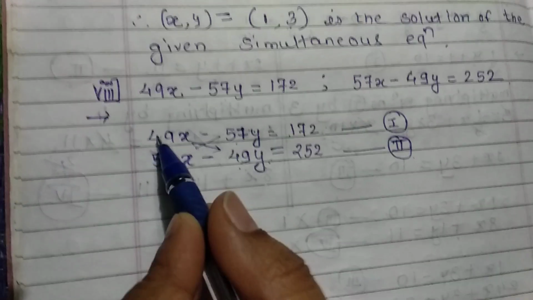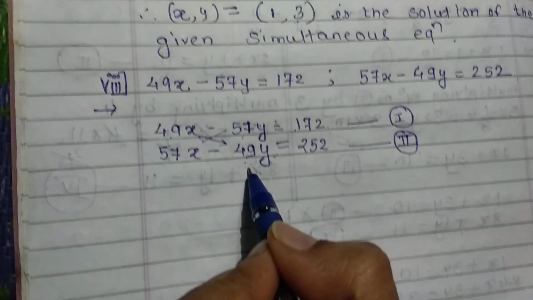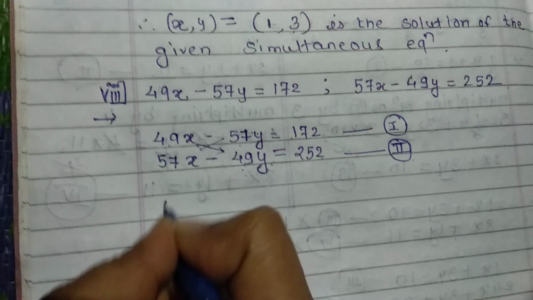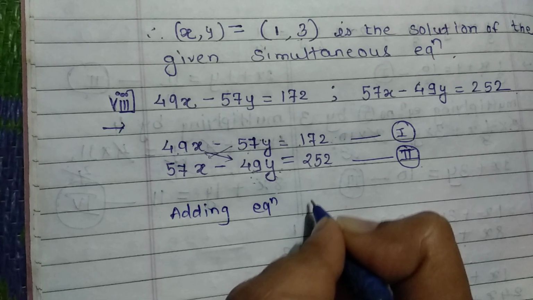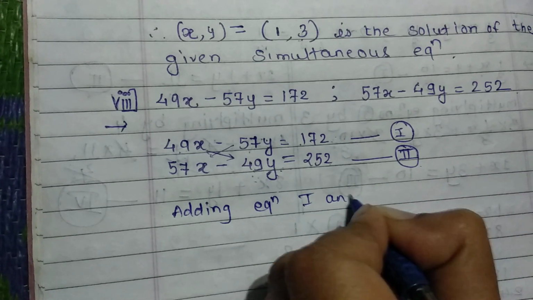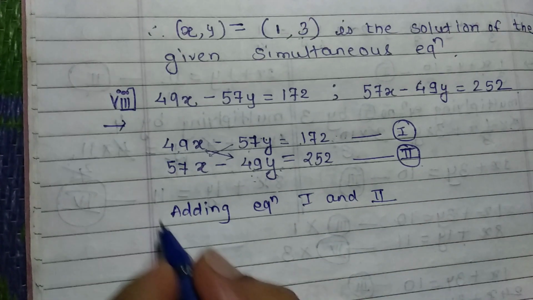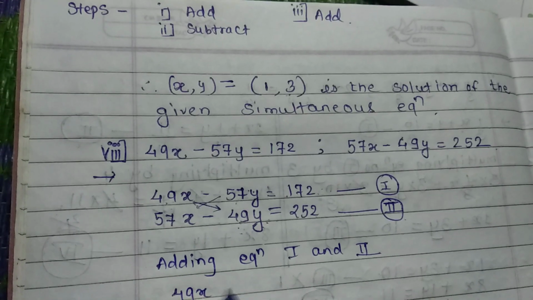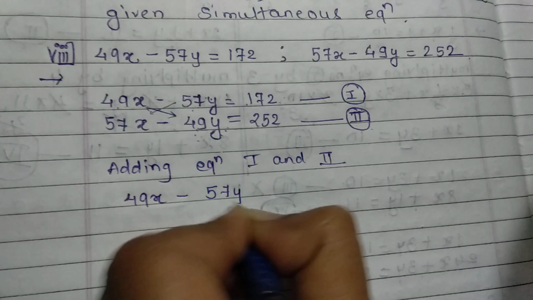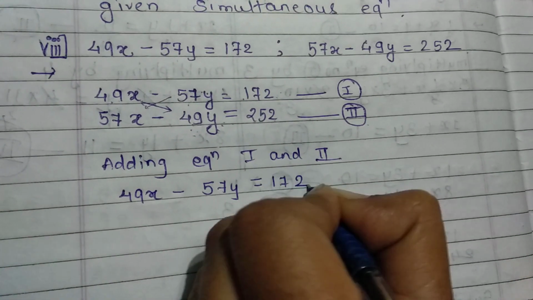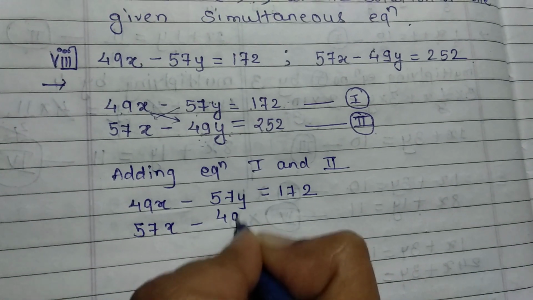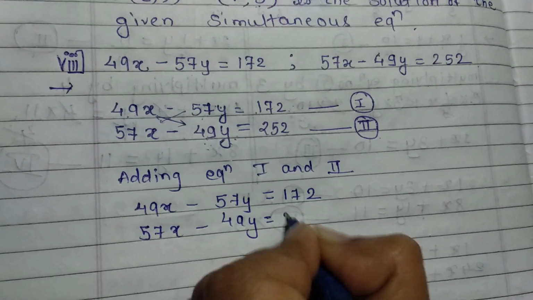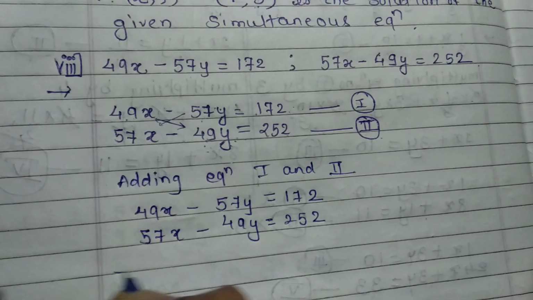So here we are adding equations 1 and 2. Equation 1 is 49x minus 57y equals 172. The second equation is 57x minus 49y equals 252.